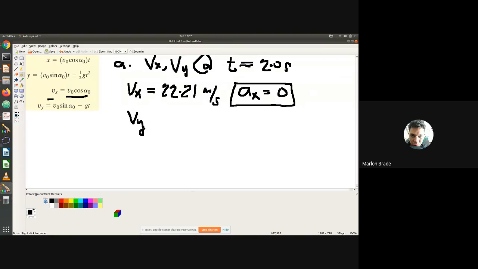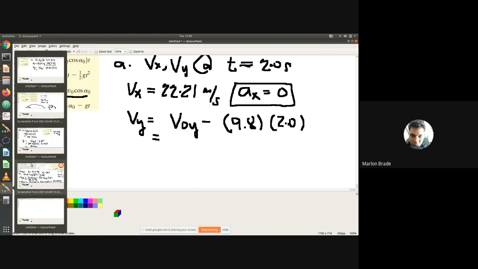So Vy is equal to v naught sine alpha, so this is just v naught y, right? V naught sine alpha is just v naught y, minus g, which is 9.8, multiplied by the time, which is 2.0. But from earlier, we know that v naught y is 29.58.